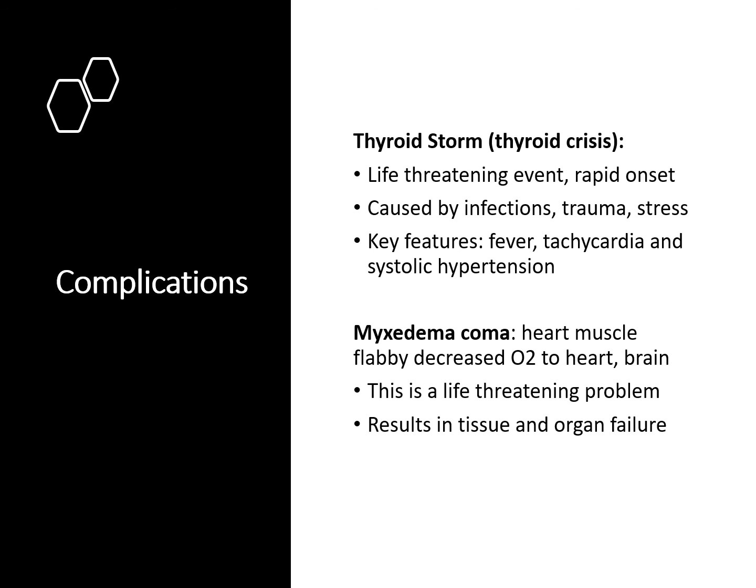Myxedema coma is the complication in hypothyroidism. The heart muscle becomes flabby, so they're not getting enough oxygen to their heart and brain, and the heart is not contracting like it should. This is a life-threatening problem, and it results in tissue and organ failure.